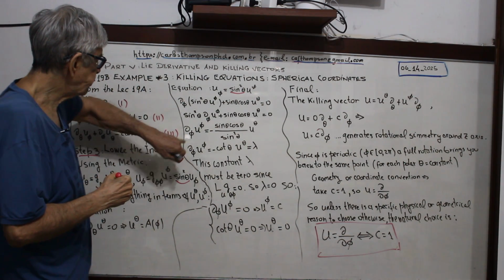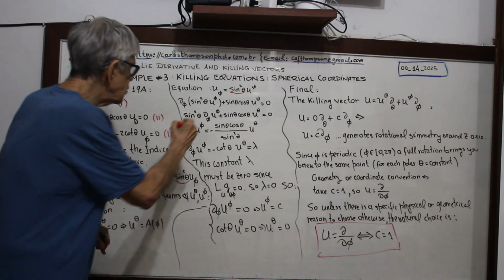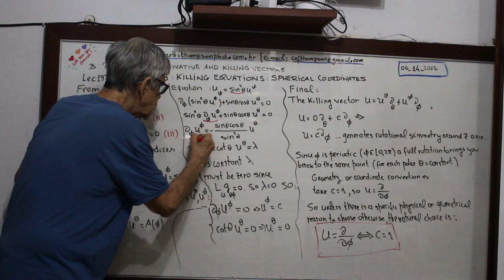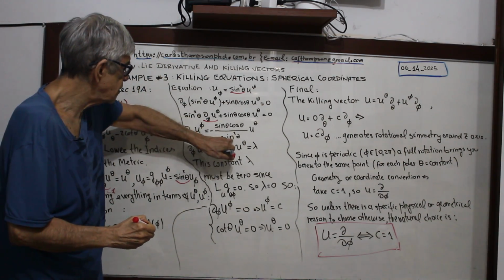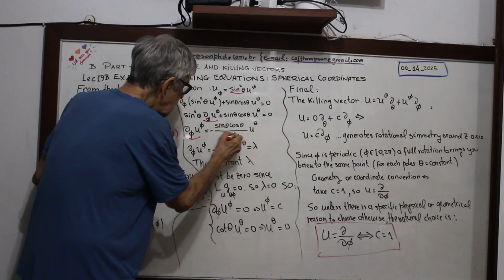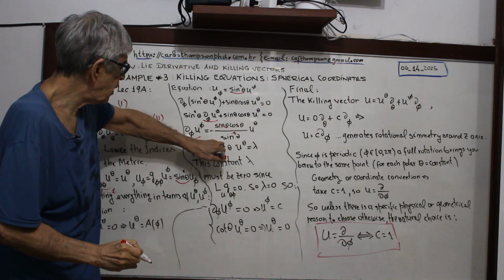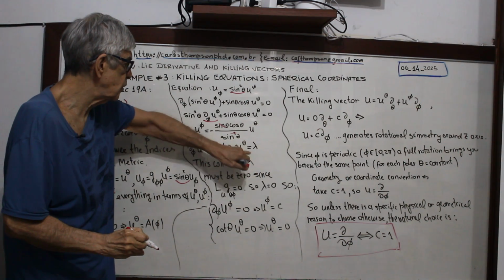So then you can obtain this term here. This is minus sine cosine over sine square. If you cancel here, this will be cosine divided by sine, so this is cotangent of theta times u theta.